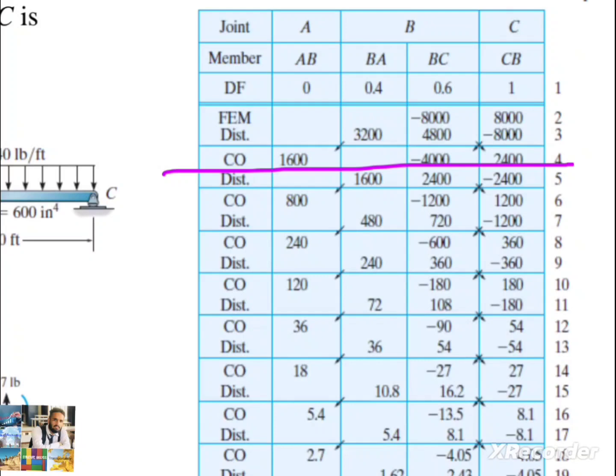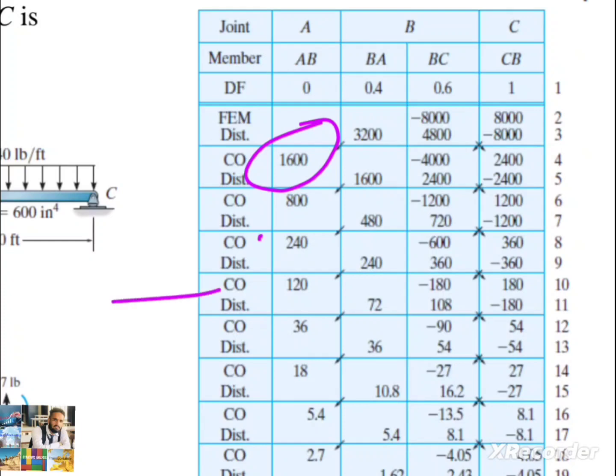Now we again distribute these carryover moments at each member. There is a 1600 carryover moment at A, so the opposite is minus 1600. Multiplying this by the distribution factor, we get zero distribution moment.